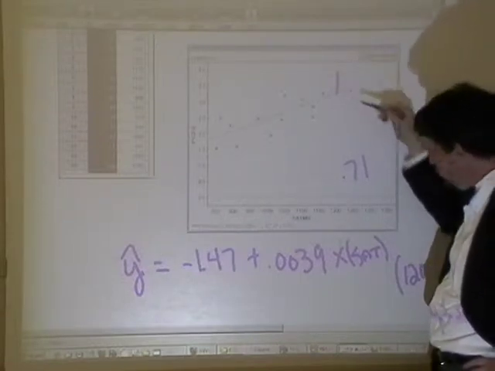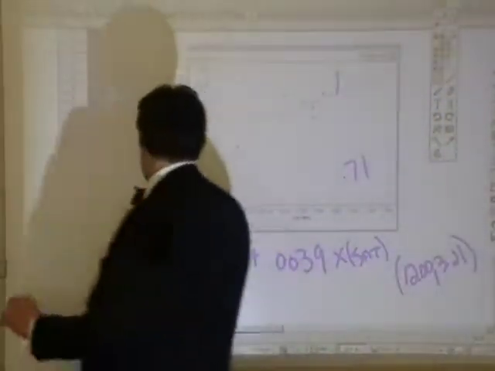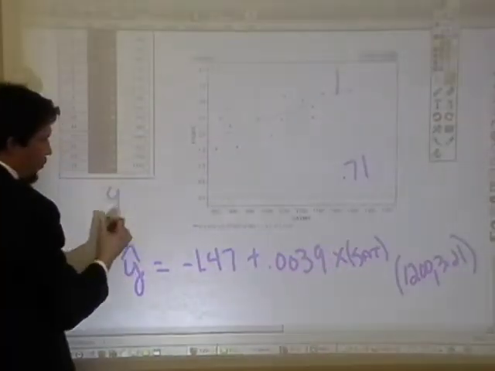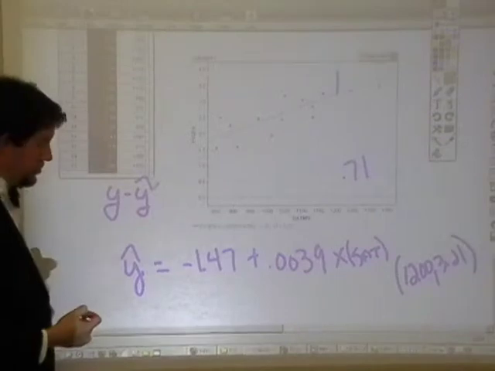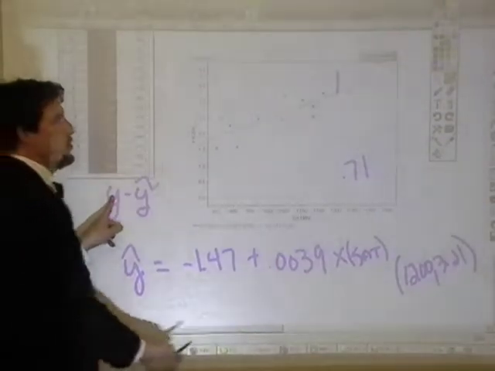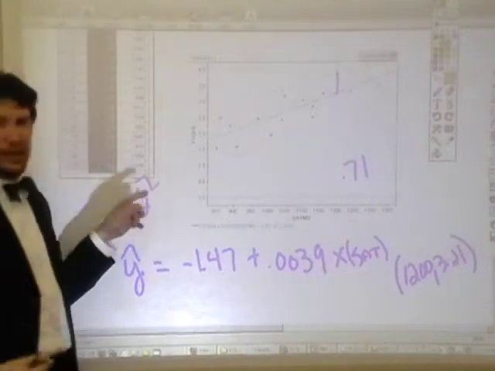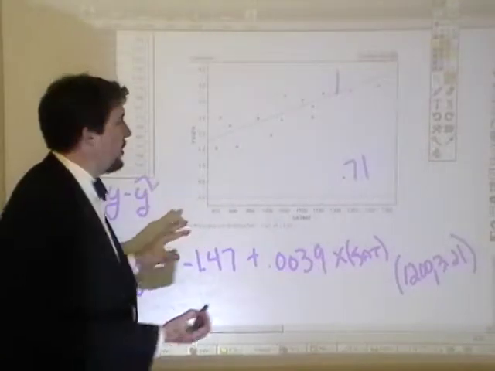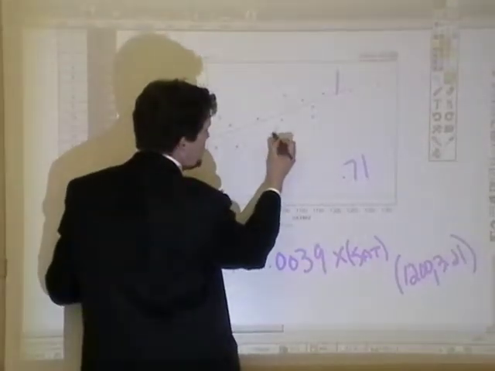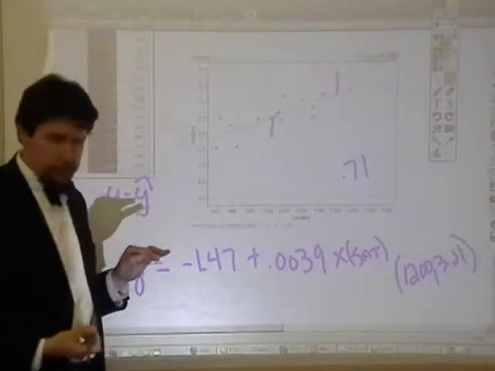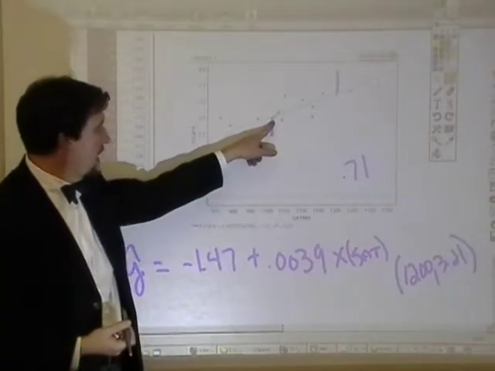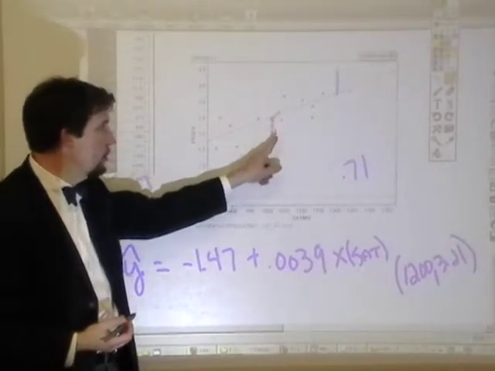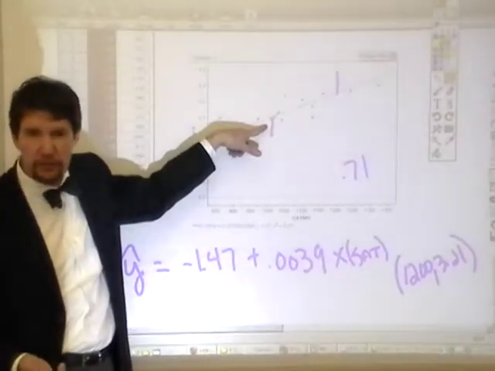That means that when we do y minus y hat, if the observed value is larger than the predicted value, you're going to end up with a positive residual, as we did here, 0.71. But I could also end up having an observed value that is below the predicted value. So it's below the line of best fit. And as I do a subtraction here, I'm subtracting a larger value from a smaller value, which means I'm going to have a negative residual.